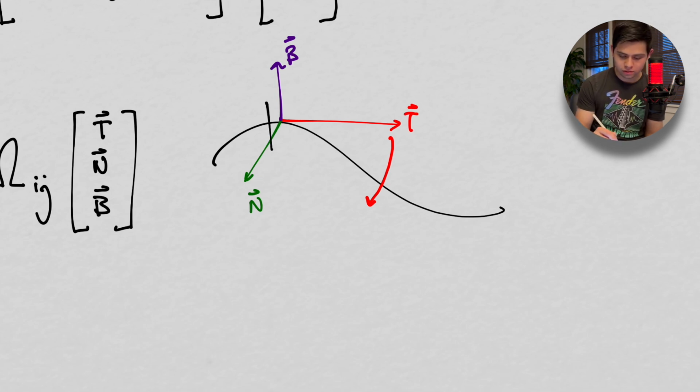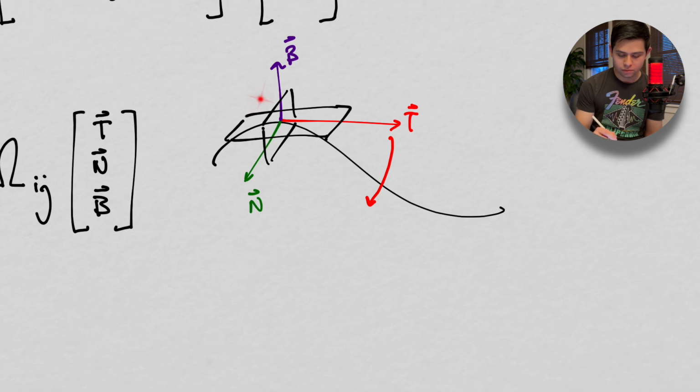Here, I'll do this. We have this plane. I'll draw it out a little bit better. We have this plane, and then we have this plane. Right, so if T moves down, that means that N is going to move along this frame with B. It's going to move because it has to remain orthogonal.